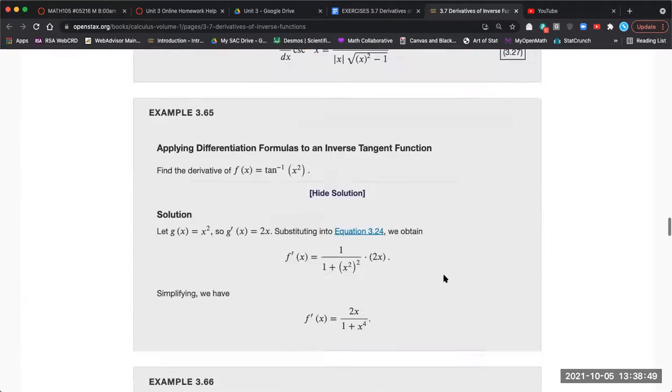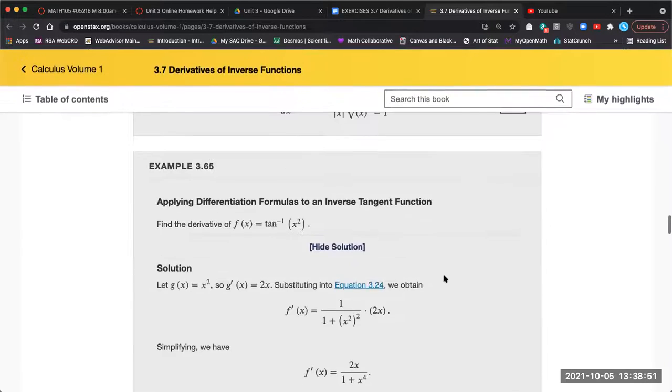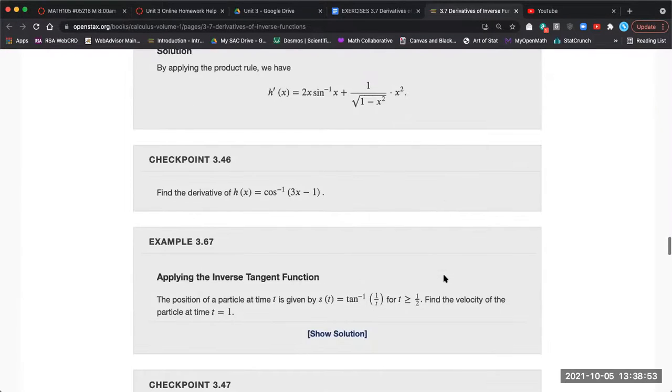So let's go ahead and do that one together real quick, just to show you the application of the chain rule there. Let me make sure to get my pen working this time. There it is. So when looking at this, I'm going to let u equal 3x minus 1, which then I know the derivative of u equals just 3. So in this case, now we have h of x equals inverse cosine of u.